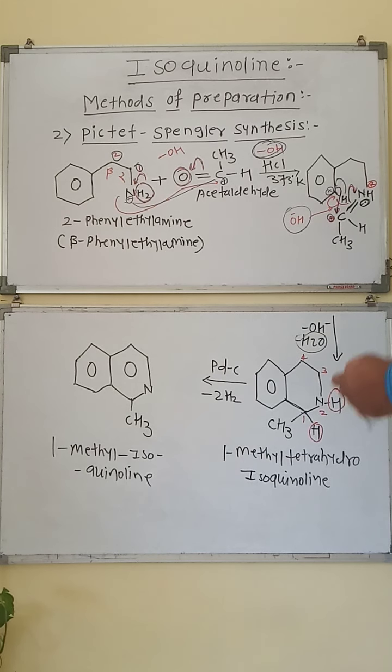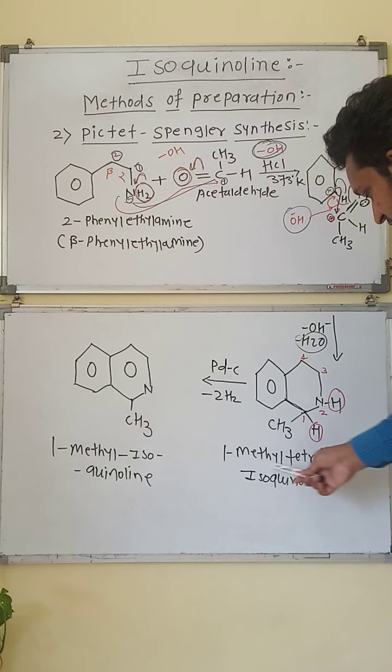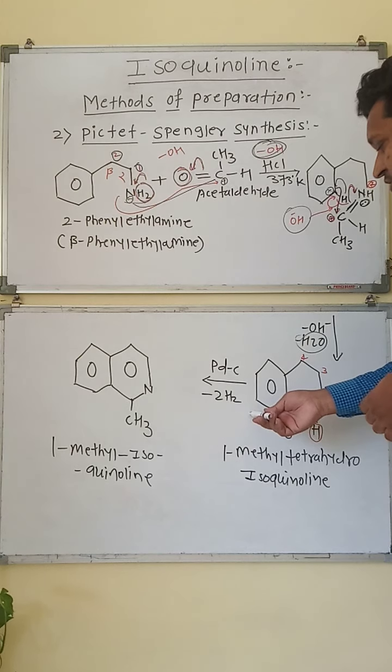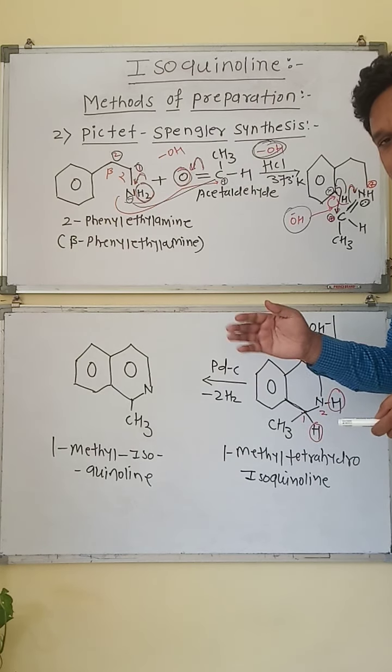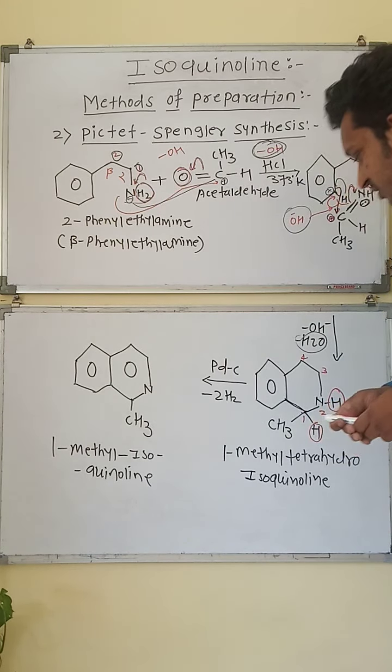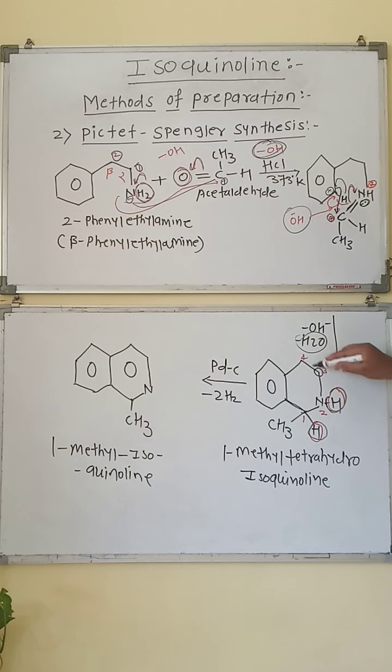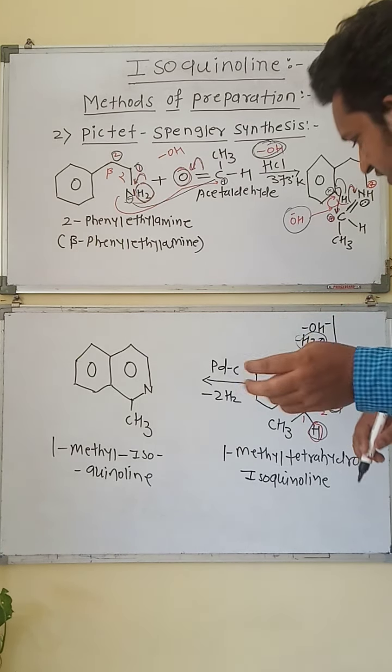After the formation of 1-methyl tetrahydroisoquinoline, there is an oxidation reaction, meaning removal of hydrogen gas from the first number carbon, second number nitrogen, third number carbon and fourth number carbon, where there are extra hydrogens or saturation.